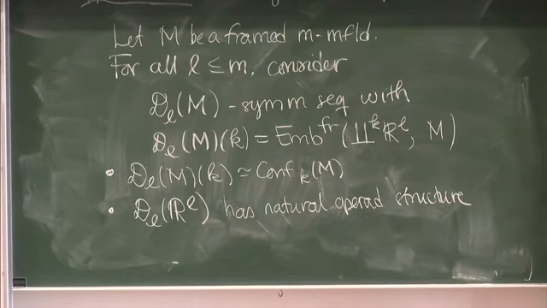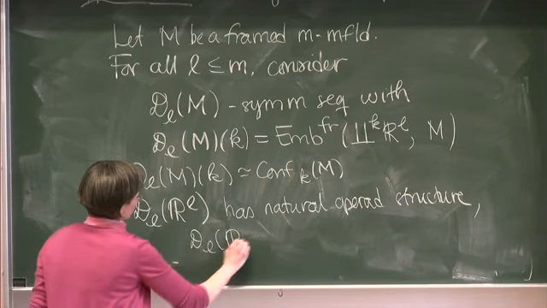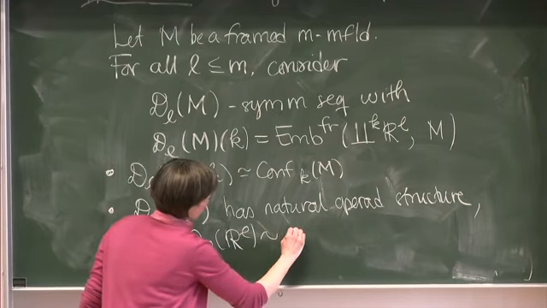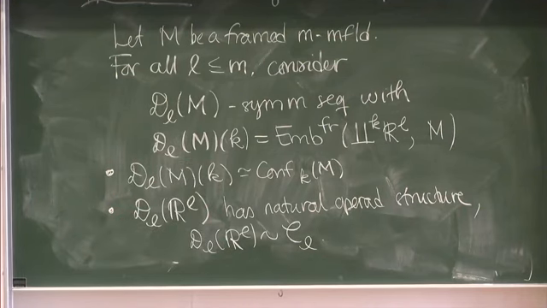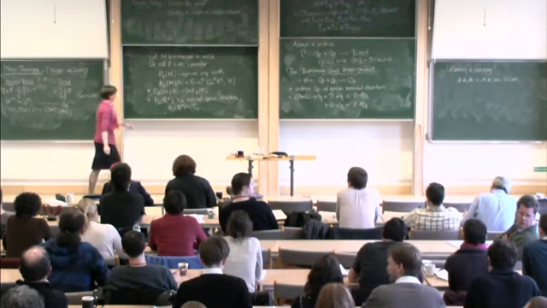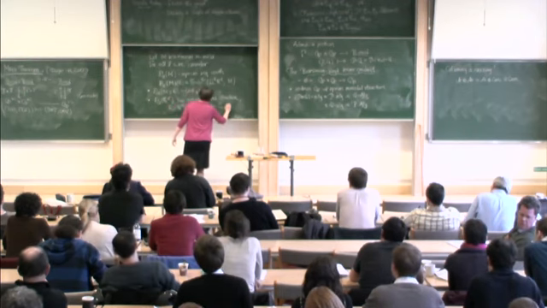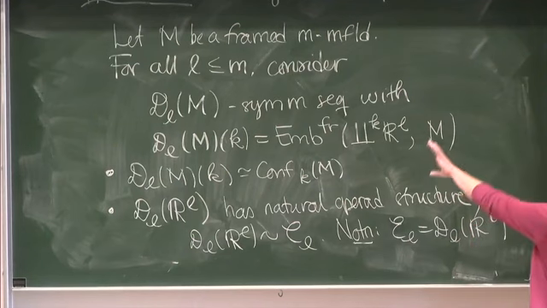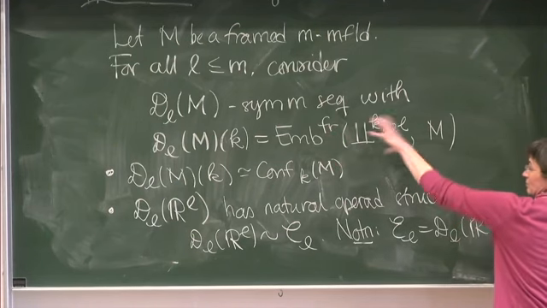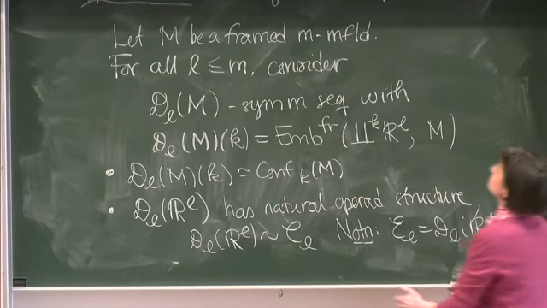And in fact, it is weakly equivalent to the little L cubes operad. So it's one of these E_L operads, and I'm going to call it, in fact, E_L to keep it simple. So the operad structure is just coming from the obvious sort of iterated composition using these coproducts.